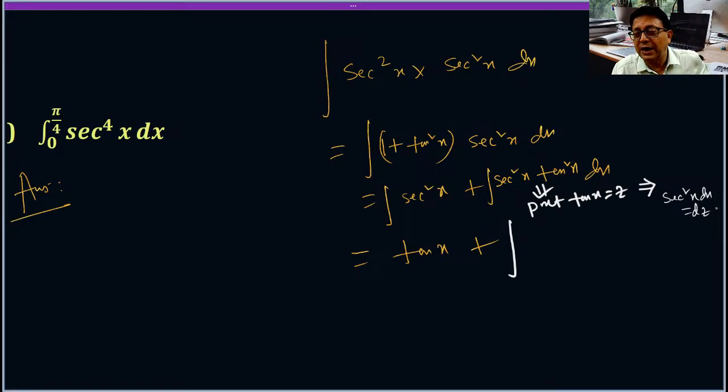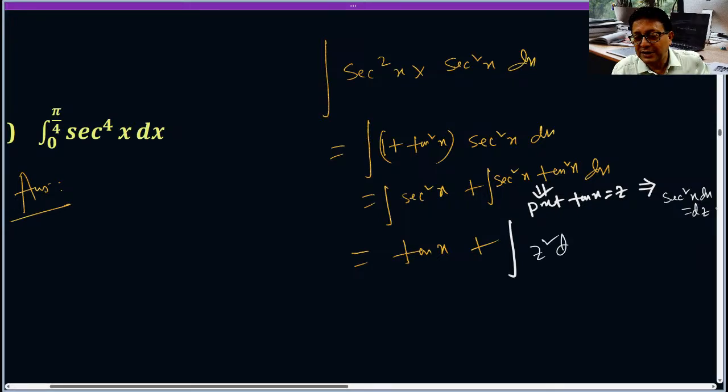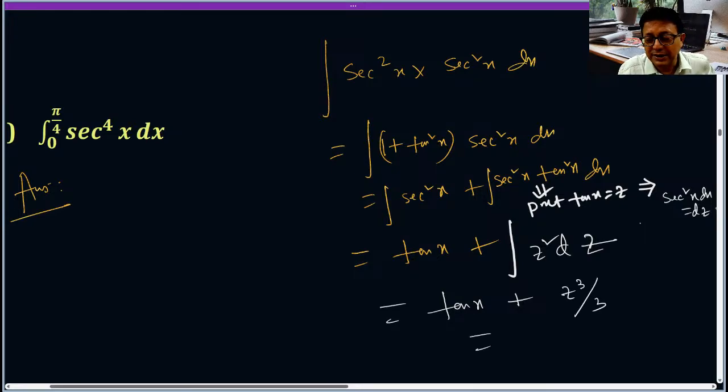So this integrand will be z square dz. Tan x as it is, this is z cube by 3, isn't it? Integration z cube by 3, and it is tan cube x by 3.